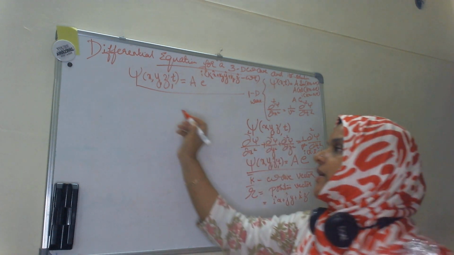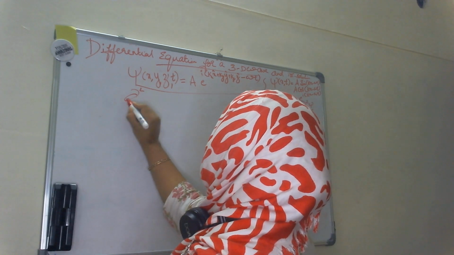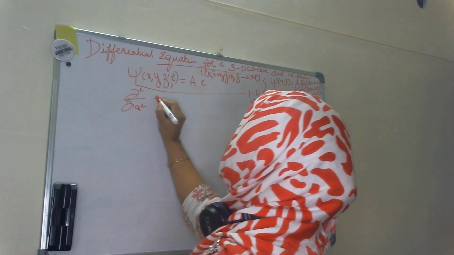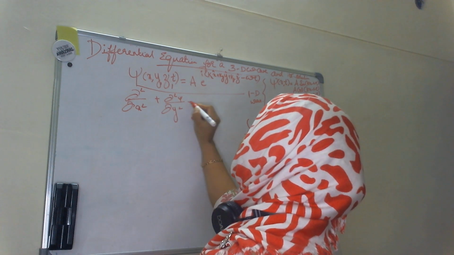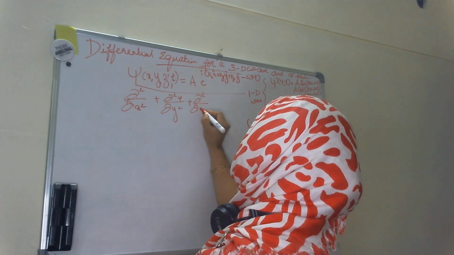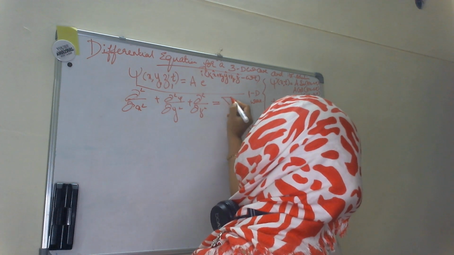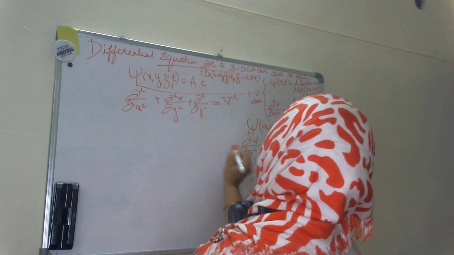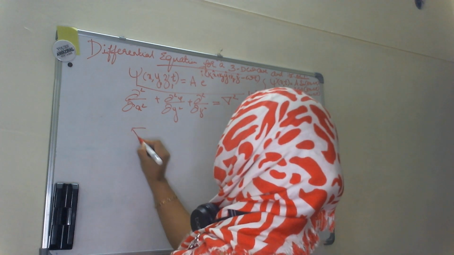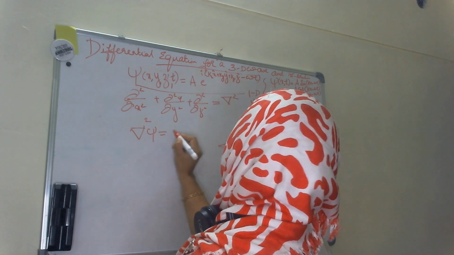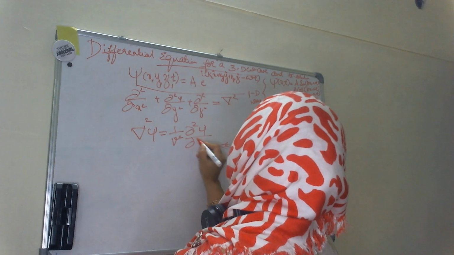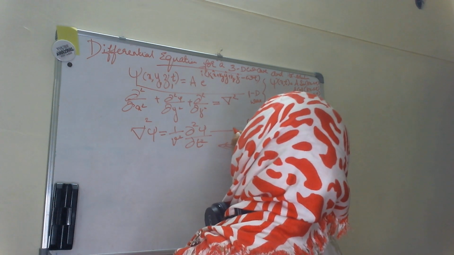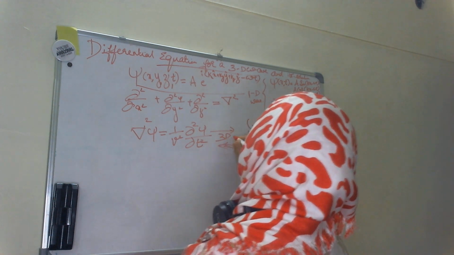This can also be represented as: dou square by dou x square plus dou square by dou y square plus dou square by dou z square is del square, and hence our equation becomes del square psi equal to 1 by v square dou square psi by dou t square. This also represents a three-dimensional wave.